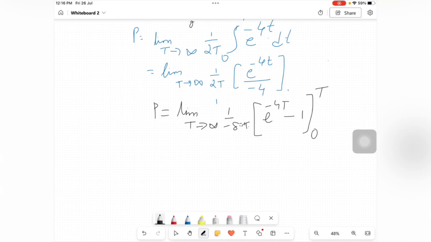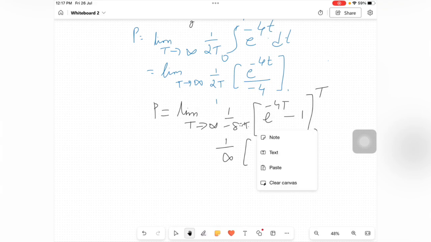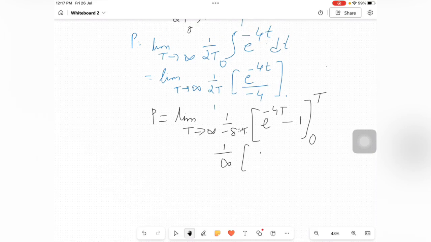If you apply the limits and put t as infinity, e power minus infinity becomes 0, so it becomes 1 by infinity. And 1 by infinity becomes automatically 0.